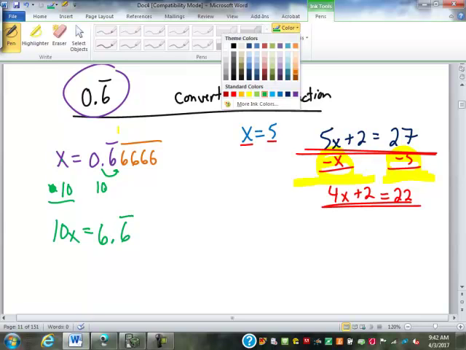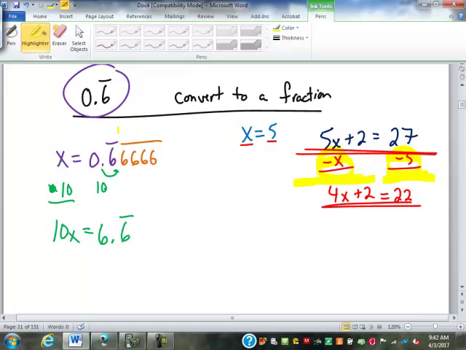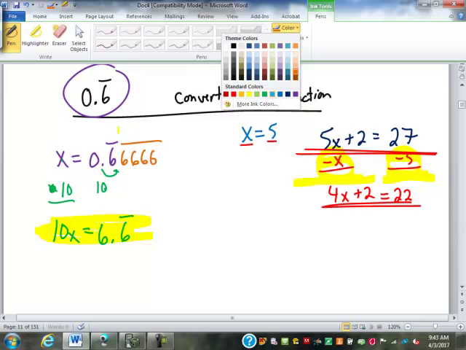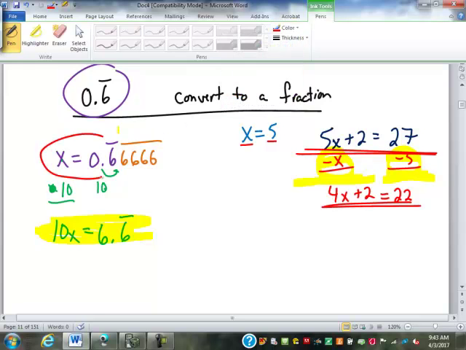So here's my new equation. From that new equation, I want to subtract that original 0.6. I'm going to subtract off the repeating decimal, 0.6666666, right? That leaves me with just 6 over here.